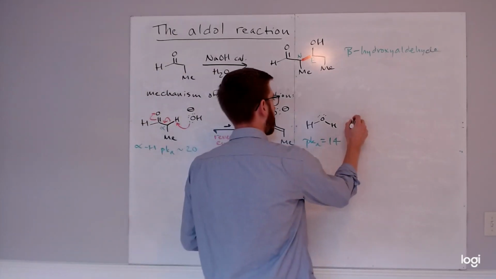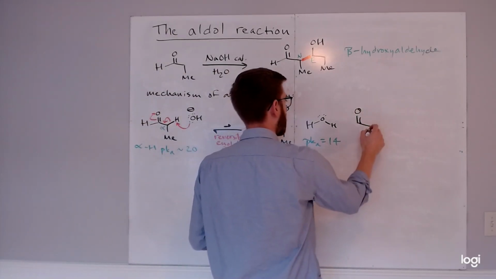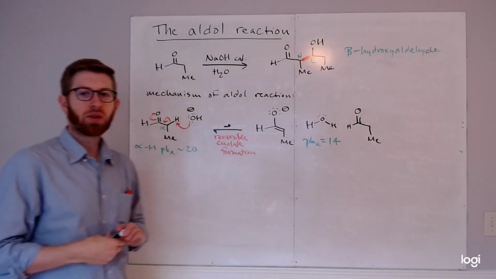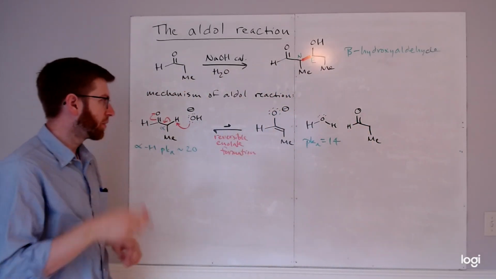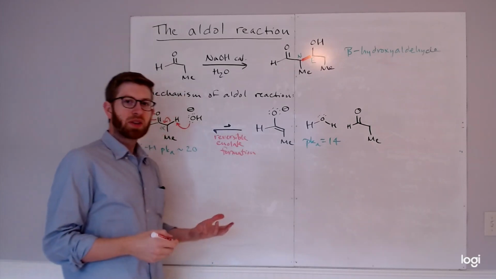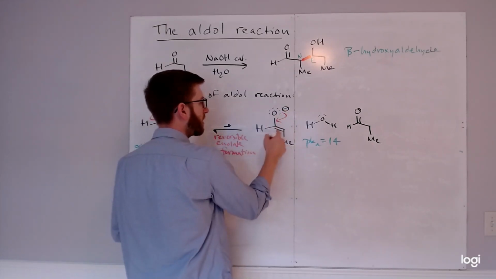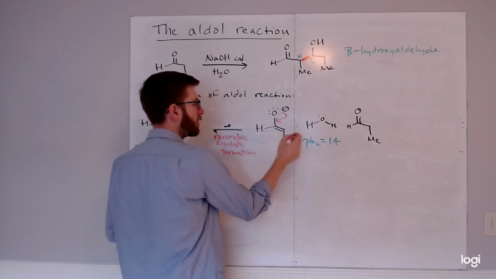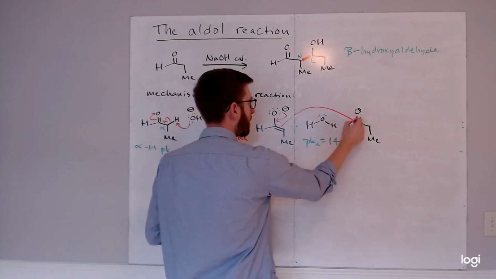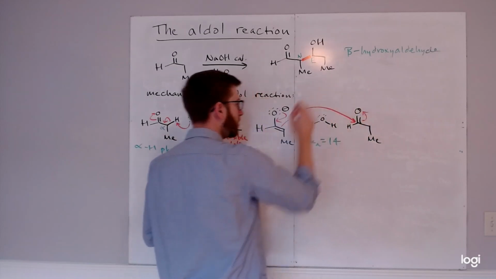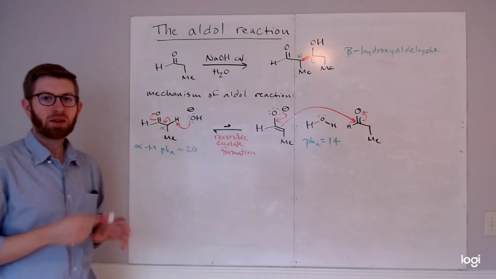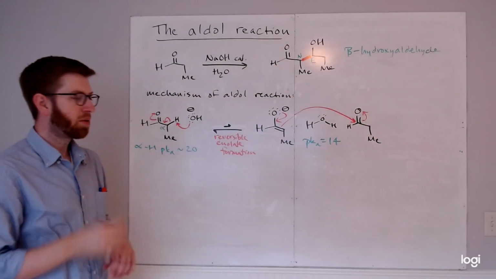So I'm going to draw that here, and I'm going to turn it around. That's just for clarity in drawing, but it's still the same aldehyde we started with. And I know from the previous sections of this video that I can use my enolate nucleophile, so the alpha position, to do an addition to an electrophilic carbonyl like that of the aldehyde molecule that's still present.